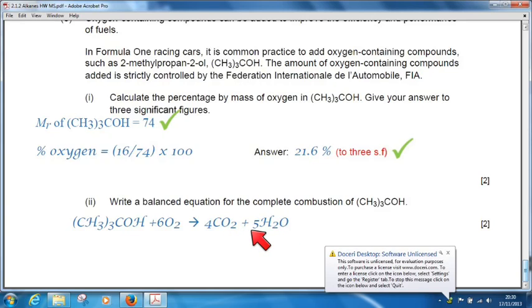Never try to balance the equation by balancing the oxygens or the hydrogens first. The very first thing you always balance in any chemical equation is the non-oxygen and hydrogen components. In this case, we know we have 4 carbons, 3 here plus 1 here, so we always balance the 4 carbon dioxides here. Once you work that out, it's a case of counting how many hydrogens you need and then balancing off with the oxygens.